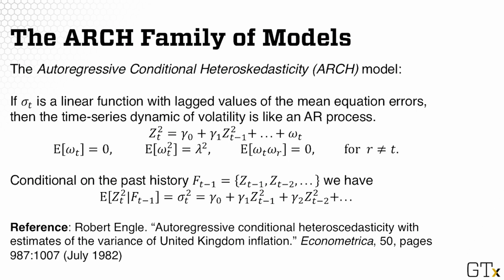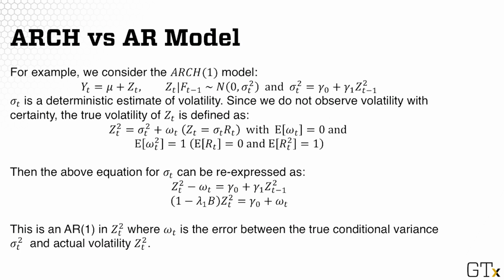The dependence of the conditional variance on the past causes the process to be dependent. Thus, in ARCH models, the conditional variance has a structure very similar to the structure of the conditional expectation in an error model. I explain this concept with the simplest ARCH model, ARCH of order 1.